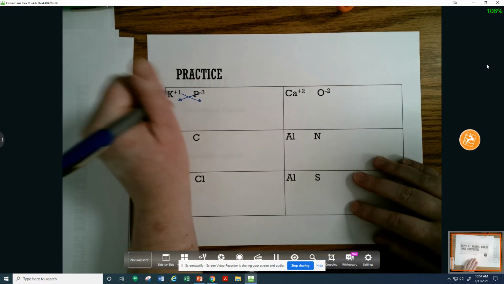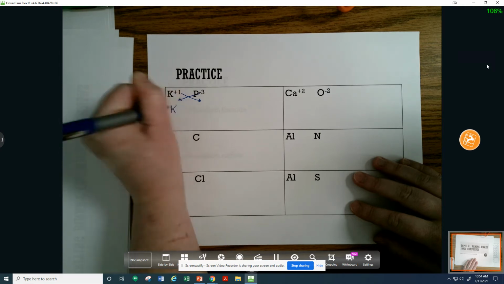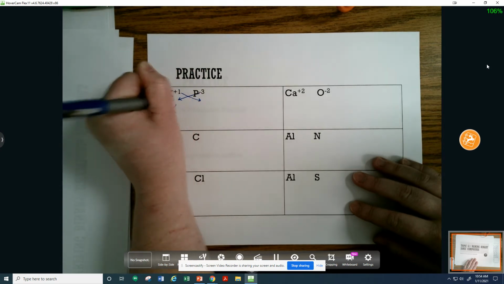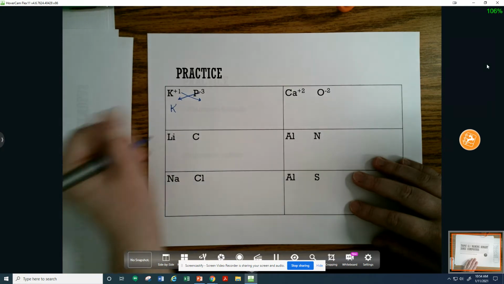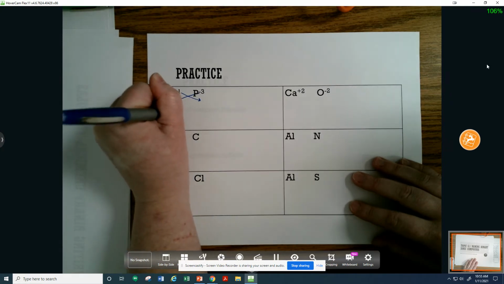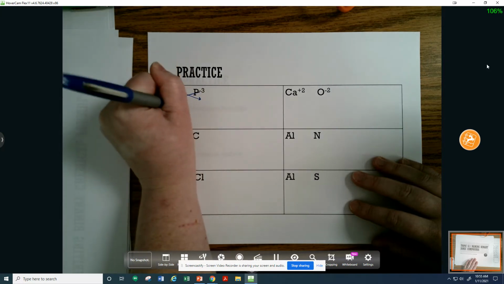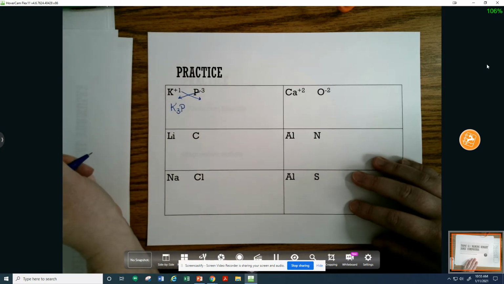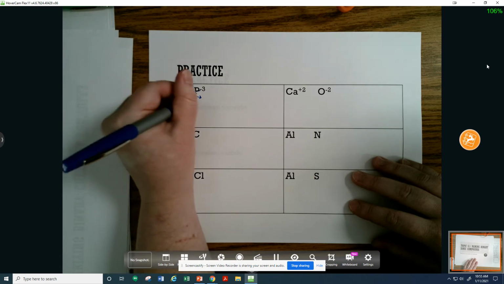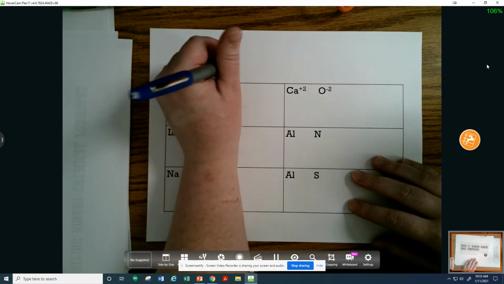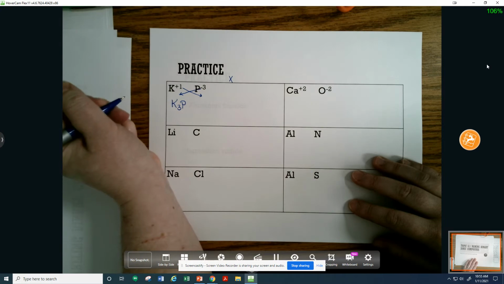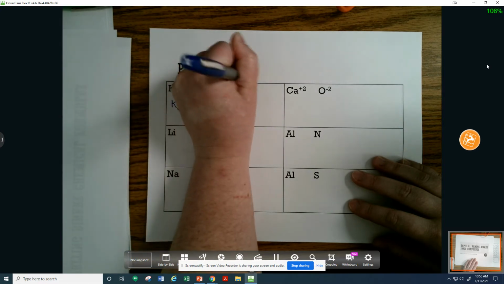What I showed here is I had K. I'm crossing down the -3. The minus gets left behind, and I write that as a subscript 3. So this becomes K3. I write my next symbol, which is P for phosphorus, and I'm bringing down a 1. In algebra, when you see an x, that's the same thing as saying 1x.